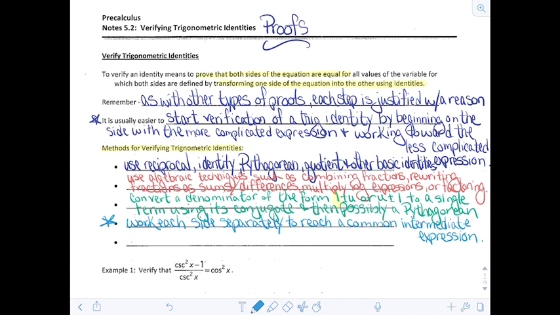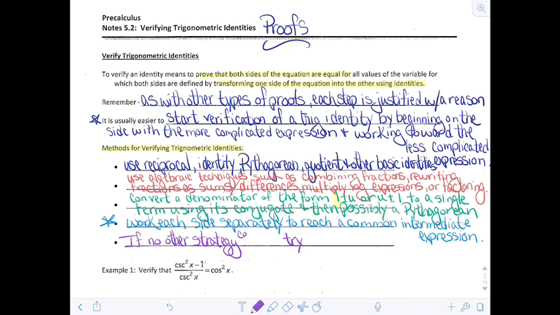And last but not least, if no other strategy works, try converting.